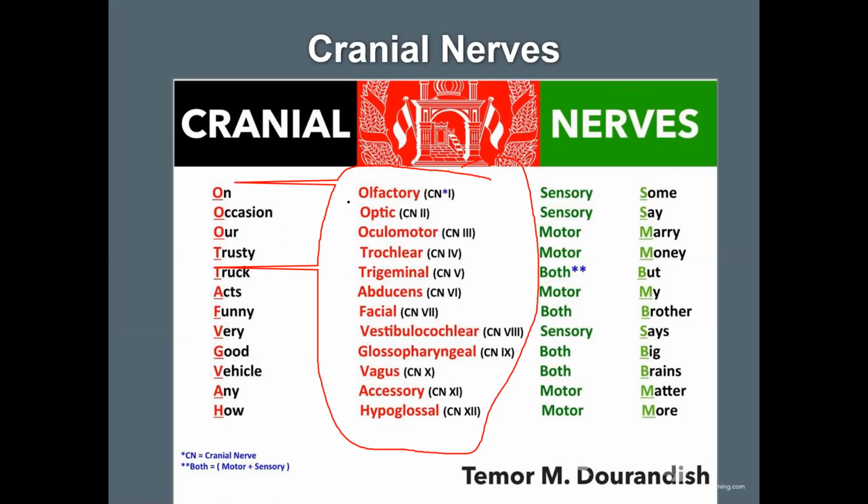So, O, O, O, to touch and feel. And this is also called the, oh my gosh, the auditory, sorry. So we do an A here, auditory, for the vestibulocochlear.